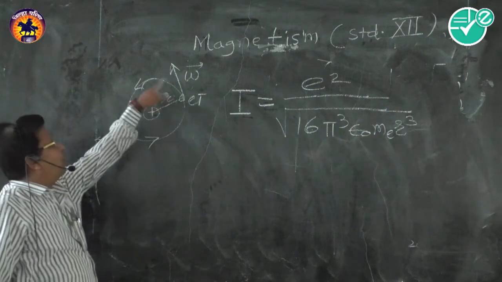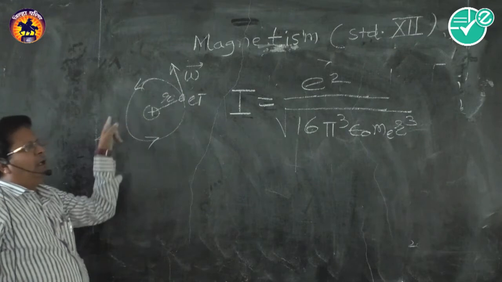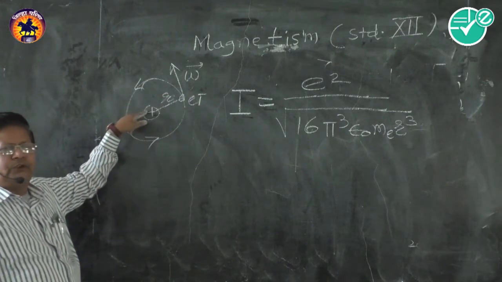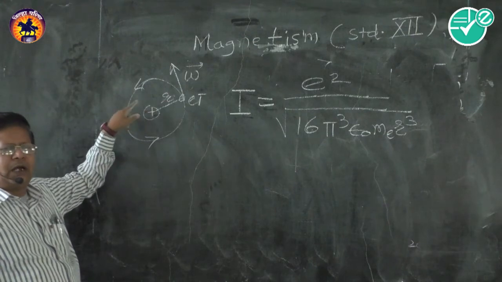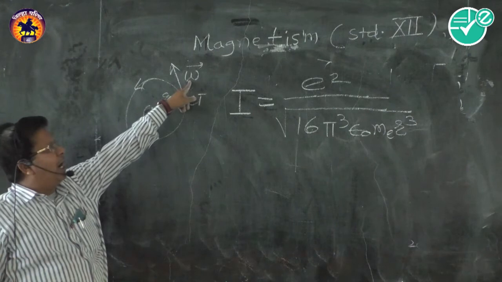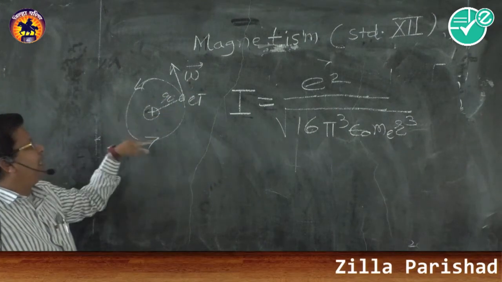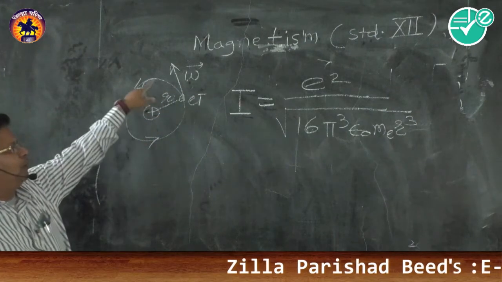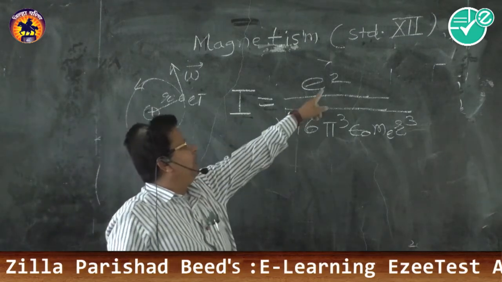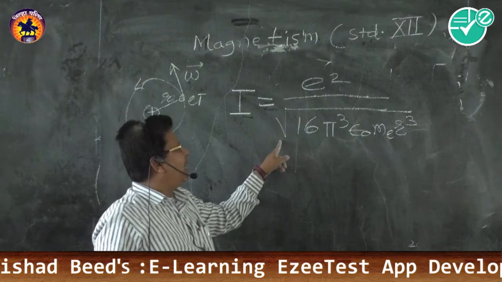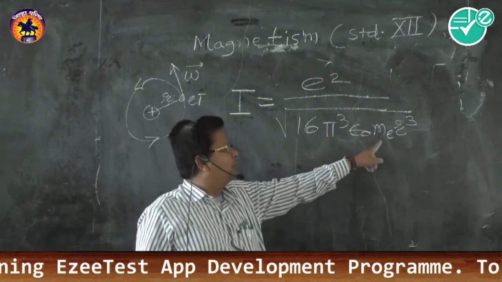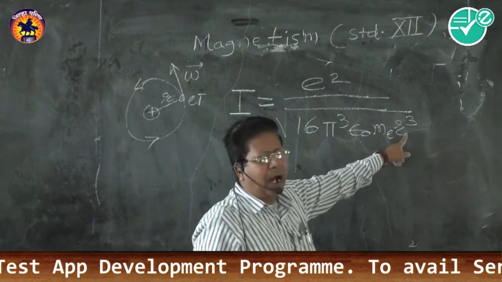So as the electron is revolving in circular orbit around the positively charged nucleus, or around the proton, with angular velocity omega, then equivalent current in this circular loop is given by I is equal to e square divided by under root of 16 pi cube epsilon 0 me into r cube.